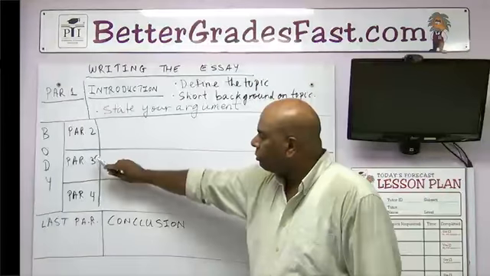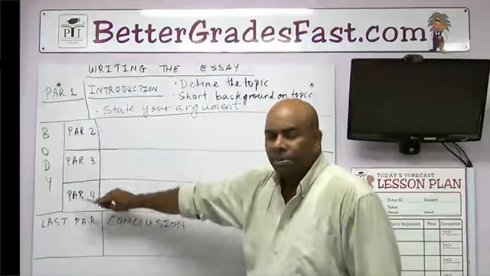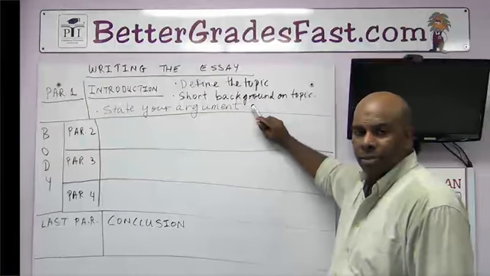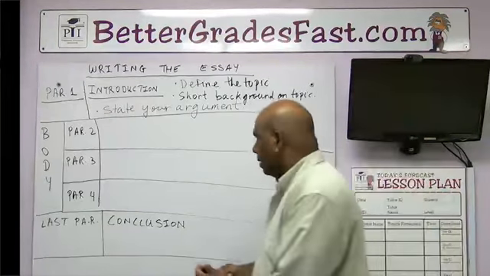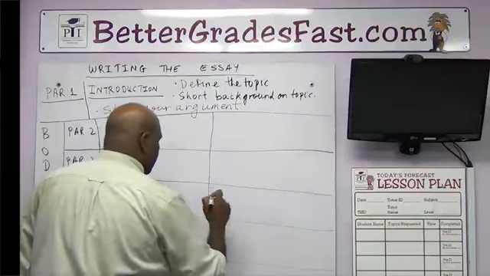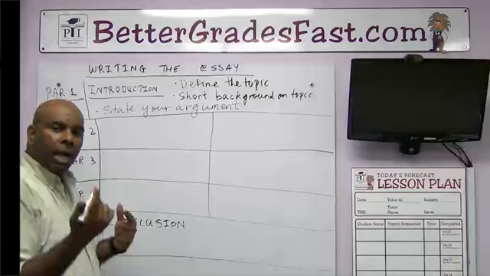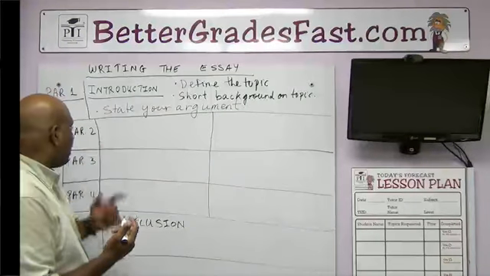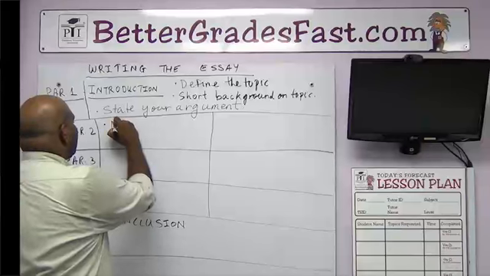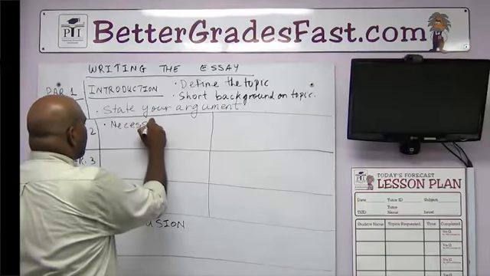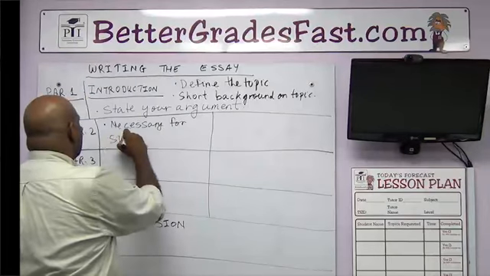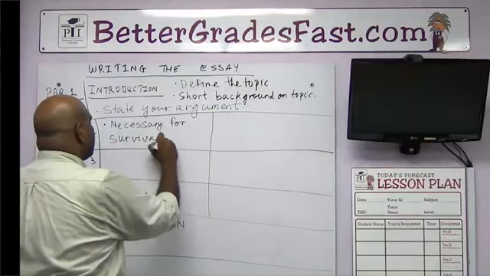Paragraphs 2, 3, and 4 make up the body. It's where you argue your points. And we have lots of points about both the environment and industries. For the environment, we said that the environment is necessary for survival.